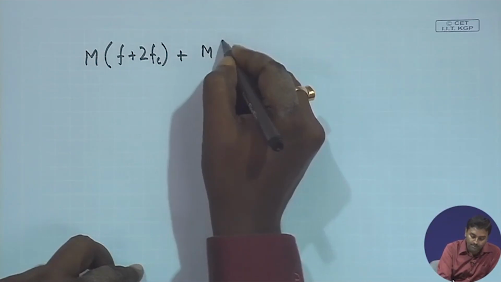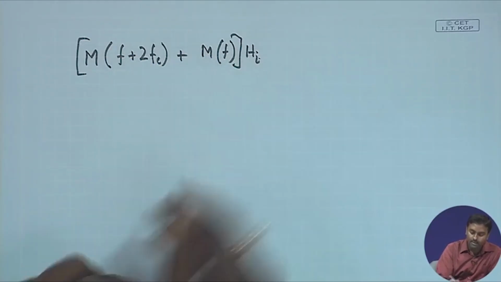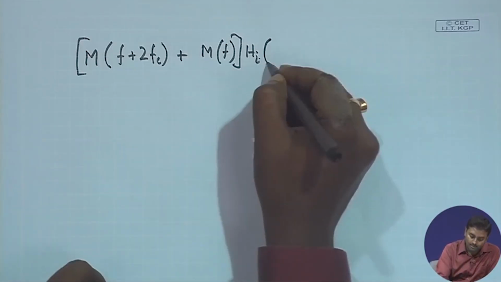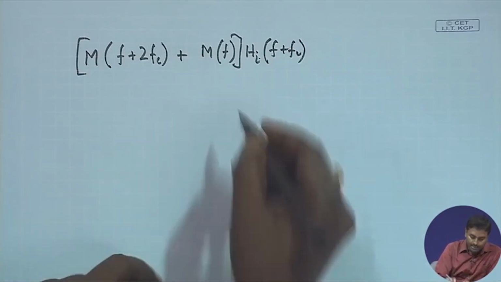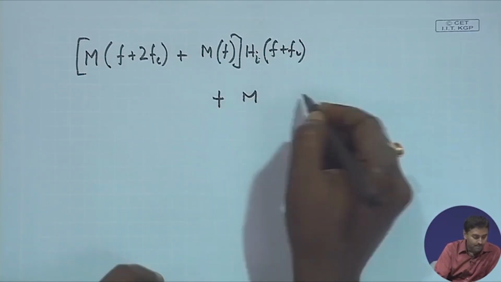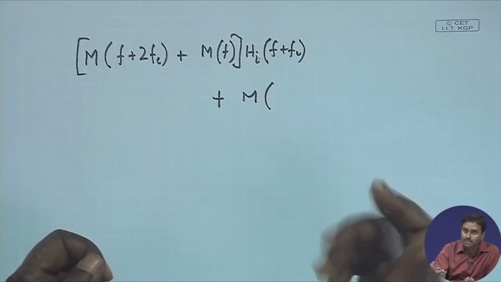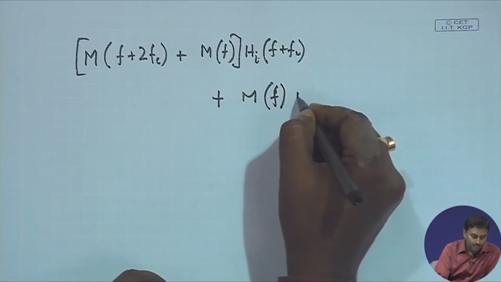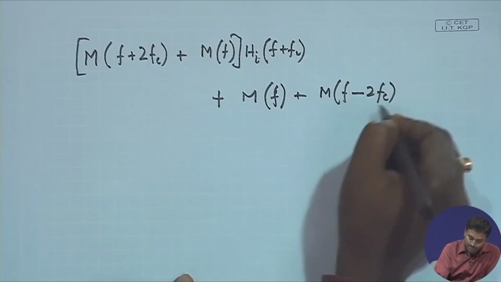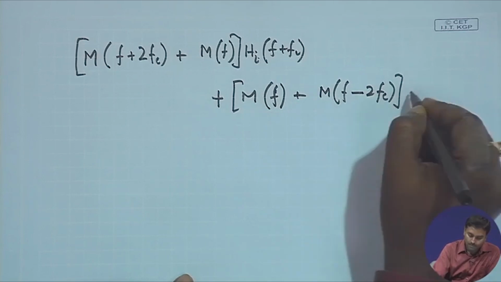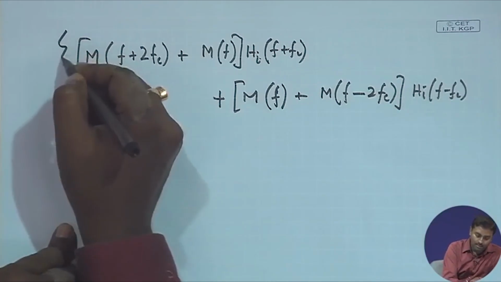So, that should be mf followed by HI, it is f plus Fc because it was f. So, it should be f plus Fc, and the other term should be m f plus Fc minus Fc. So, that should be mf plus m f minus 2 Fc and HI f minus Fc, right.